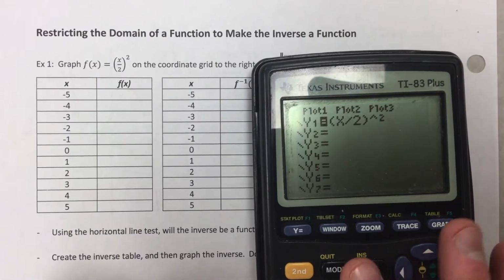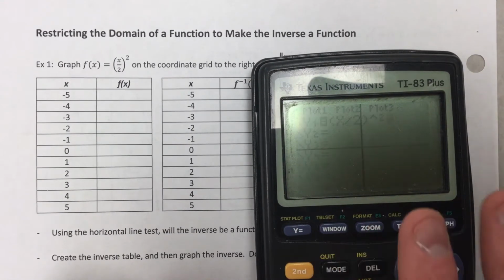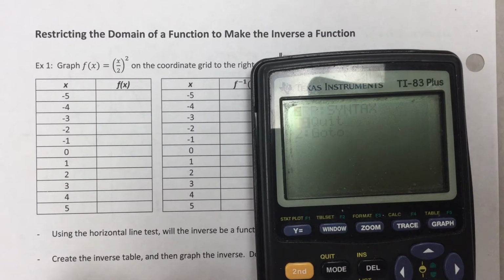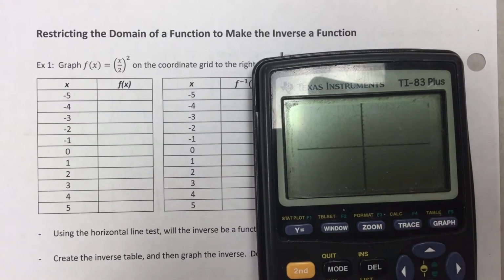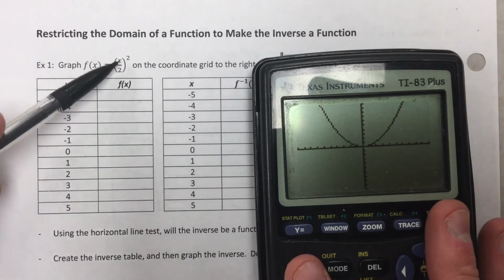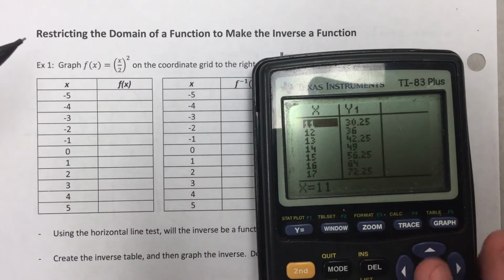So (x over 2) quantity squared. We see a nice wide parabola, because remember, this would be like 1/4, so it's going to be vertically compressed.